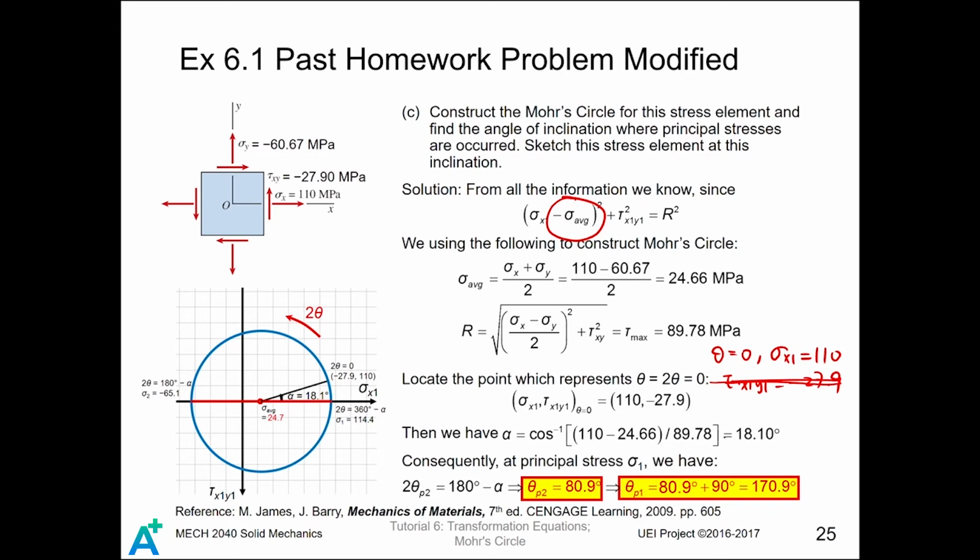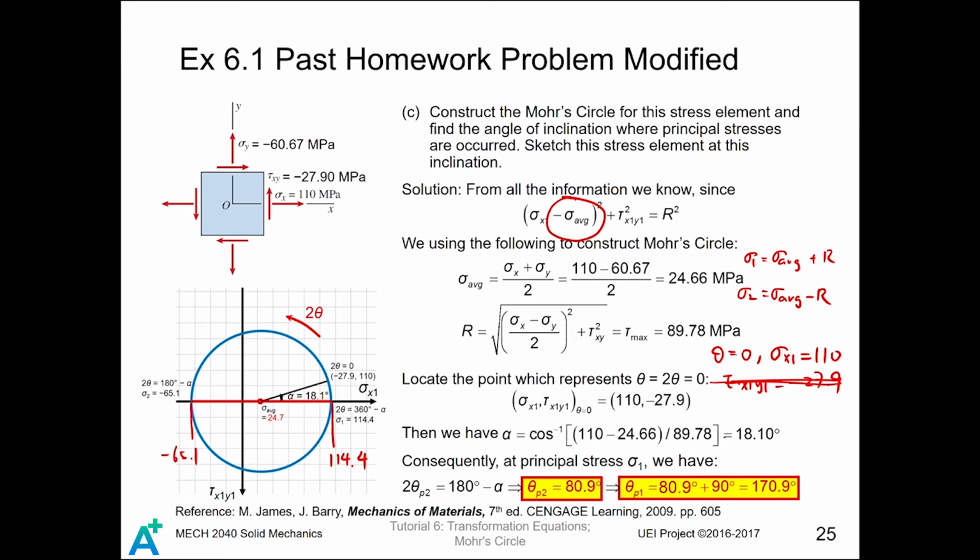On this Mohr circle, the first principal stress is 114.4, while the second principal stress is minus 65.1. The reason is that sigma 1 equals sigma average plus R, while sigma 2 equals sigma average minus R. Then you can locate the center as well as the radius of the Mohr circle, and consequently you can find the principal stresses on the horizontal axis, sigma x1.